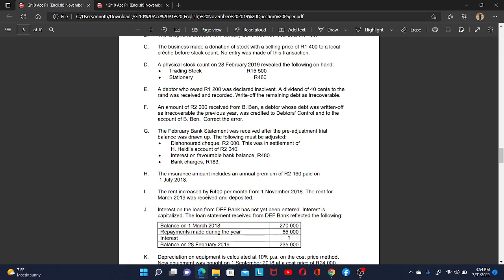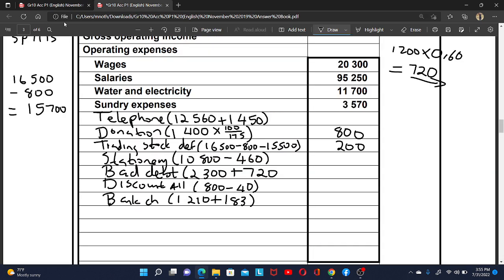But the year ends at 28 February. So the year ends at the month of 8 from July, August, September, October, November, December, January, February. So this means that we have the 4 months that does not belong in this year.